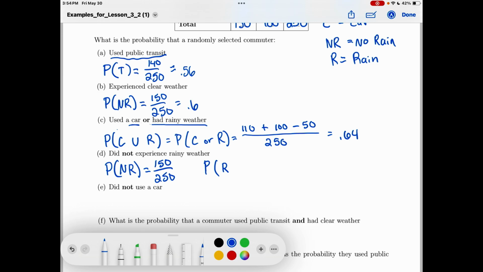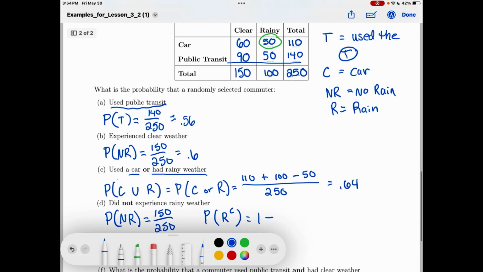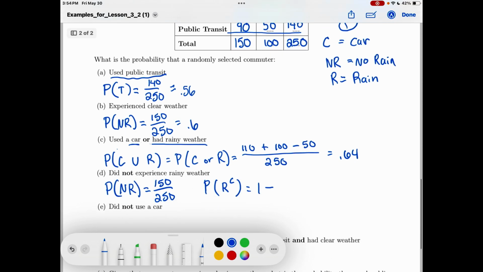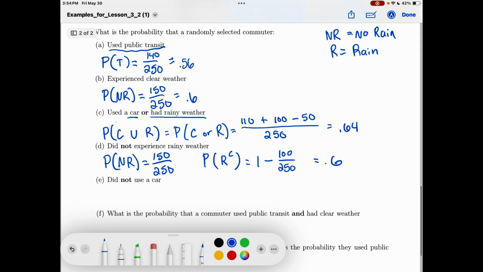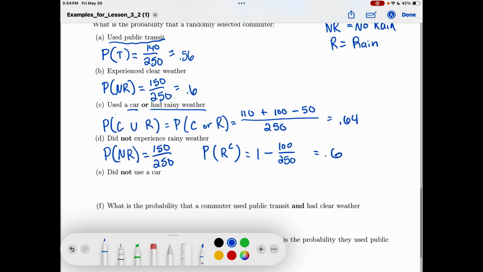If I find the number of people that experienced rainy weather and did the opposite, it would give me the same result. So I'm going to take 1 minus the number of people that experienced rainy weather, which is 100, out of 250. Either way, you should still get the same answer, which is 0.6 when you do that arithmetic.